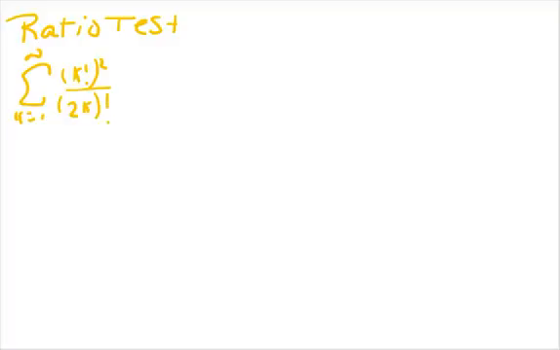factorial. With the ratio test, you're comparing the a_(n+1) term. You're creating a ratio of these two successive terms in the series, and you're looking at the limit as n approaches infinity.